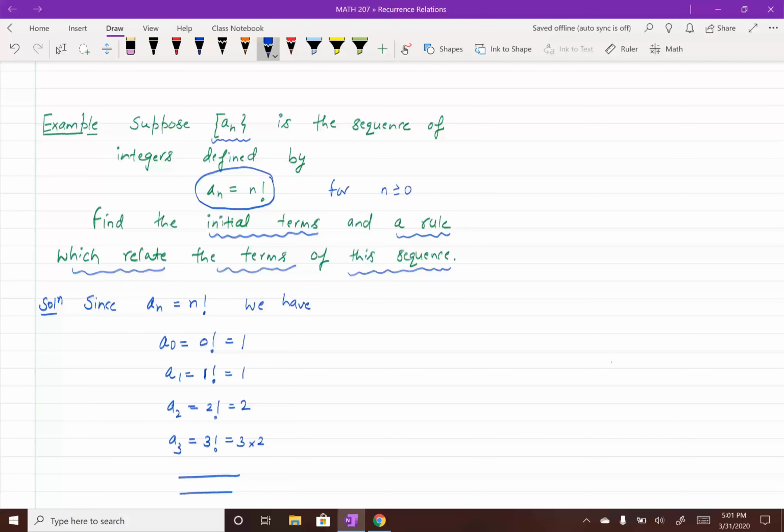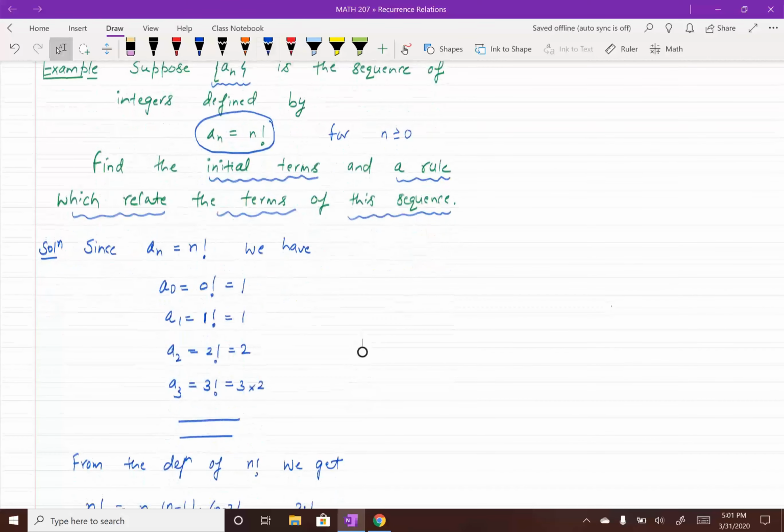Okay, so based on this formula of n factorial, I can compute the first term of my sequence, A of 0, in an explicit way. It is going to be equal to 0 factorial, and 0 factorial is going to be equal to 1. The second term is going to be A of 1. A of 1 is 1 factorial, and 1 factorial is going to be equal to 1. Then my A of 2 term is 2 factorial. 2 factorial is going to be equal to 2.